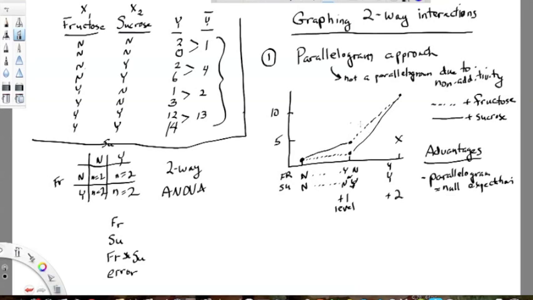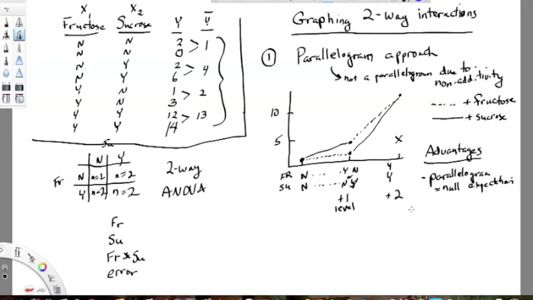What is a parallelogram? A parallelogram is when the opposite sides are parallel, right? And when we have non-parallel opposite sides, it's very clear that the effect of one factor depends on the level of the other. And so I like the way it shows that.